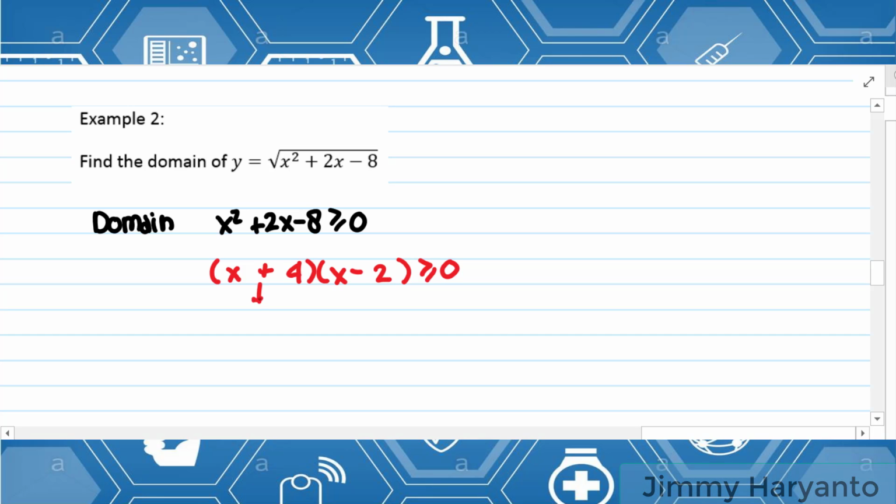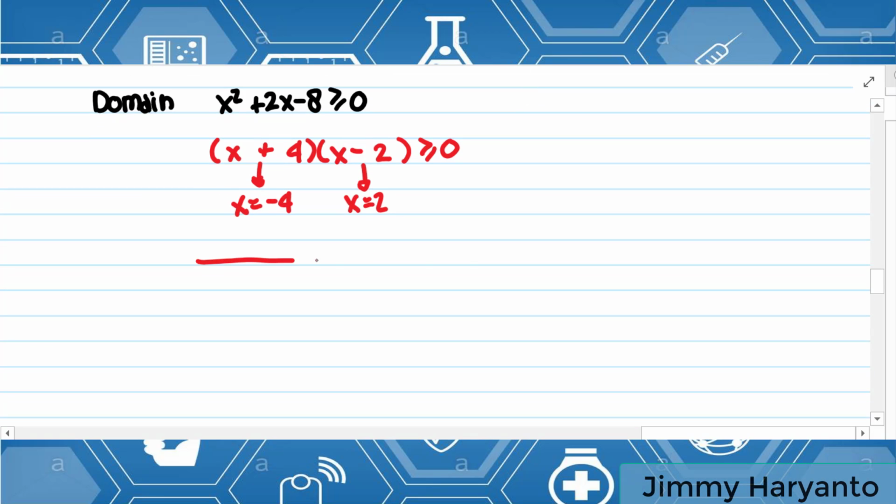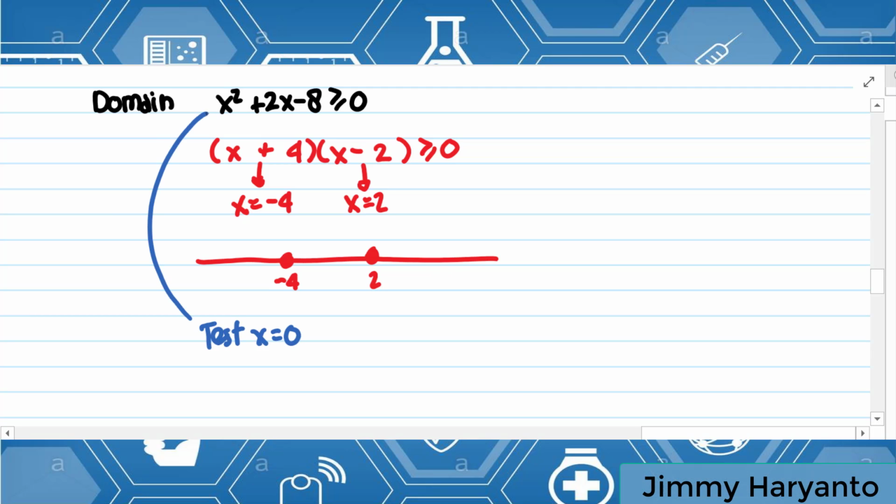So you will get x equals negative 4 and x equals 2 first, do not say greater than or equal to or you will get it wrong. Then create a number line for negative 4 and 2, color the dots, and test for x equals 0 in this one.